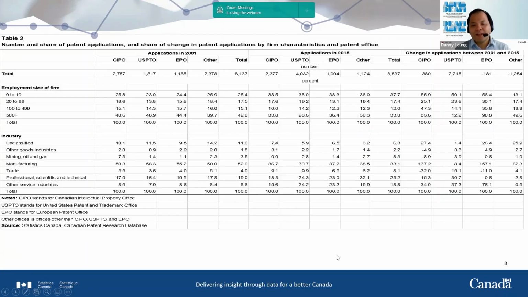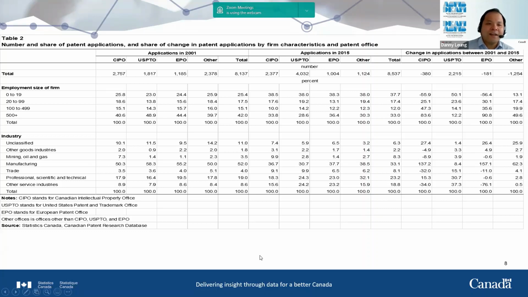This is basically exactly what I was referring to. It's an extract from the paper. You see that patent applications in the USPTO increased from 2001 to 2015 from 1,800 some to 4,032.